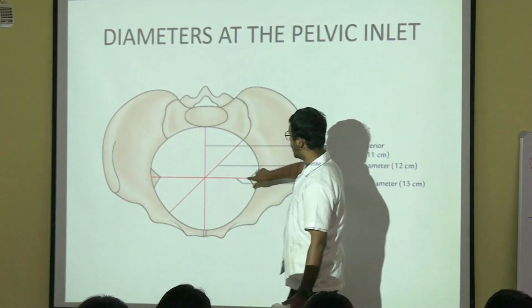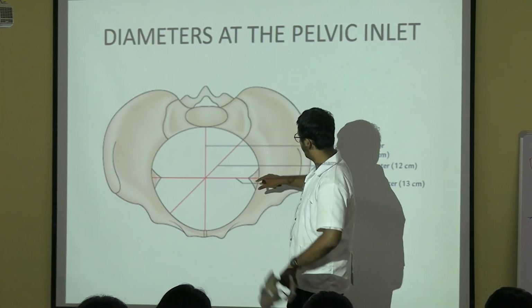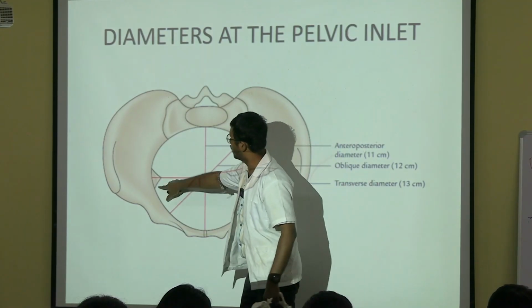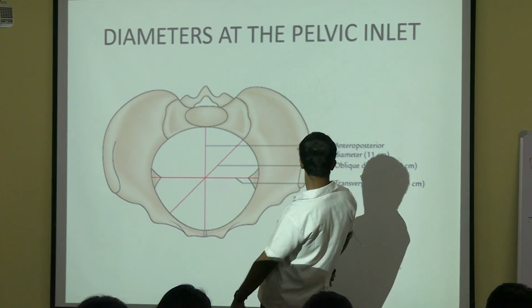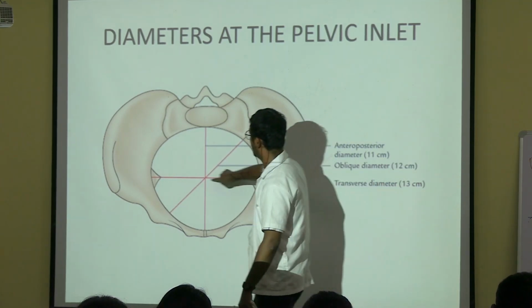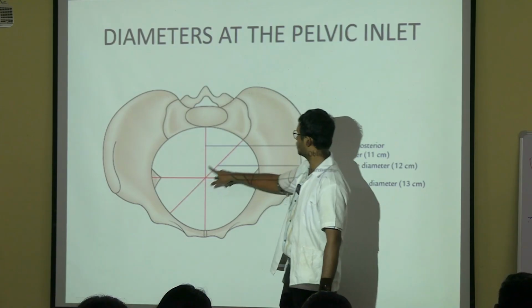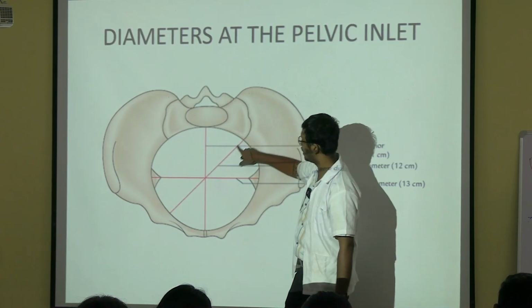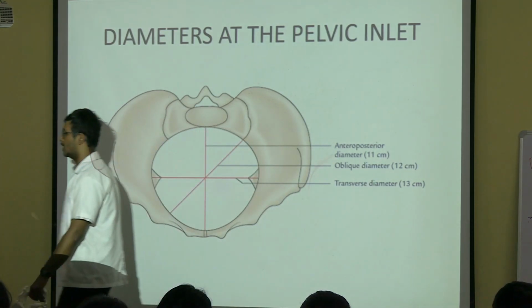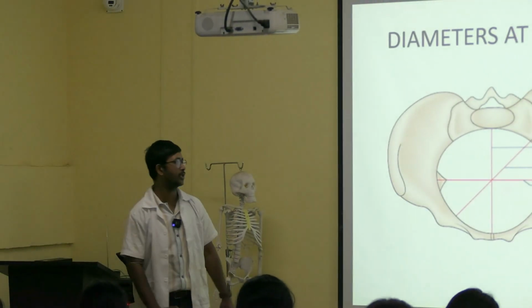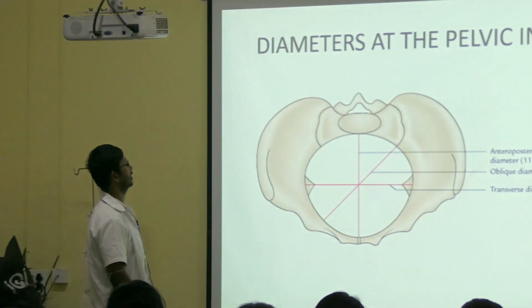This is the oblique diameter on either side of your arcuate line. So this is the transverse diameter, and this is your oblique diameter stretching from your sacroiliac joint up to your pubic crest. So in the pelvic inlet you will see that the antero-posterior diameter is the shortest one, only 11 centimeter.